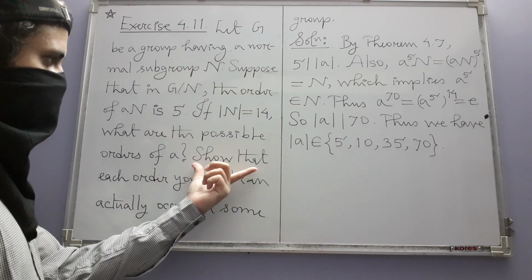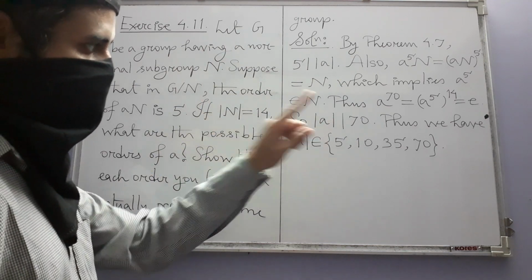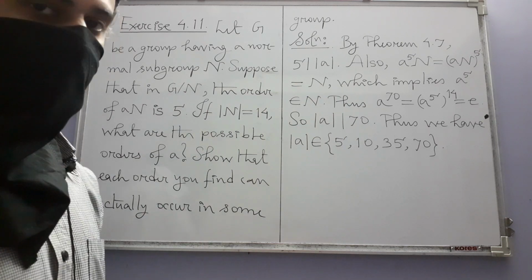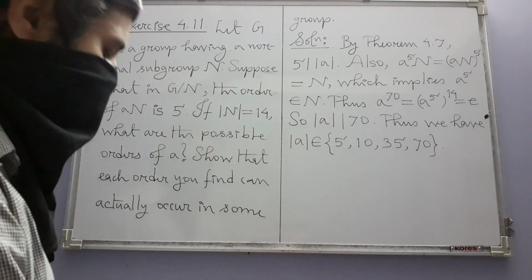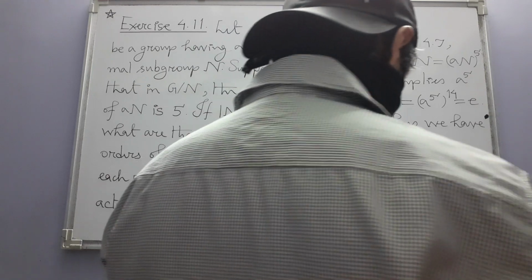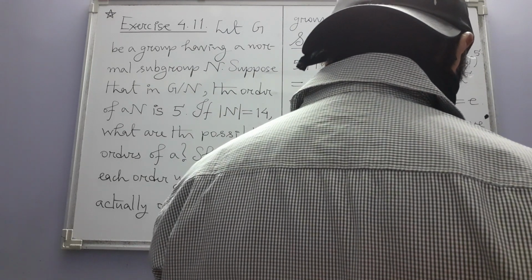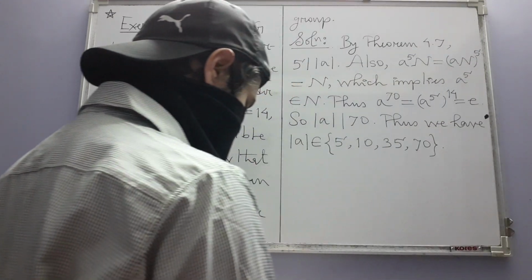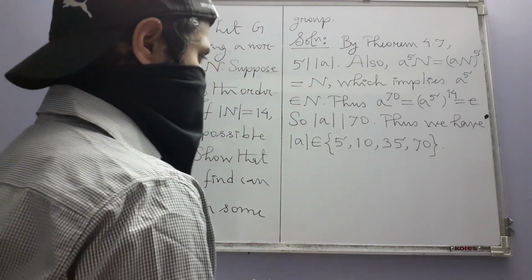Now we need to show that all of these orders actually are taken on in some concrete group. So to see that, we are going to take, or rather the author has taken, this particular group.